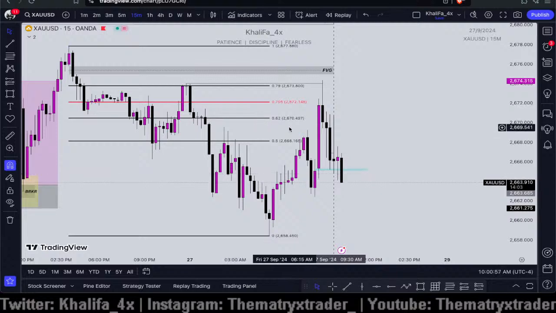Right above the 0.79 retracement level I saw this fair value gap, but price did not come to that fair value gap, and it just goes in the direction from this 79 retracement level. This is what happens most of the times.